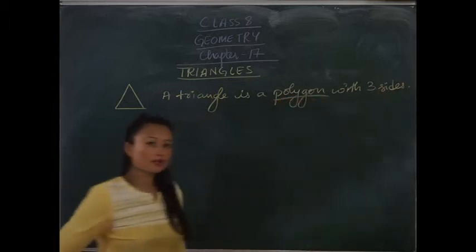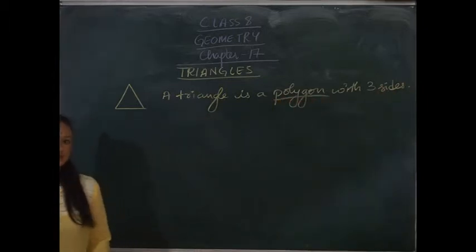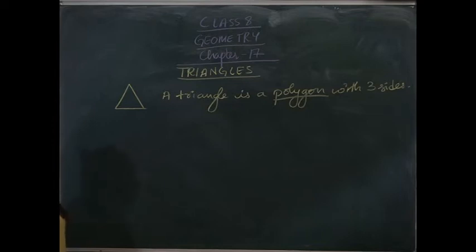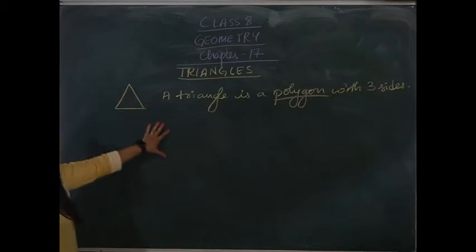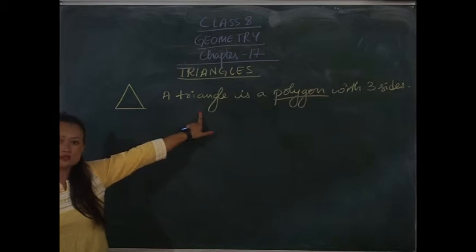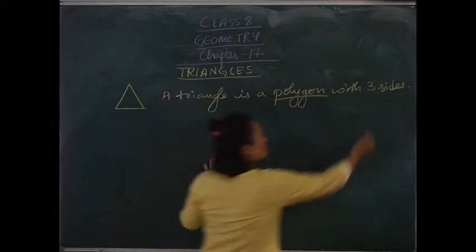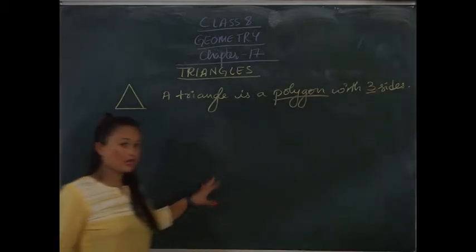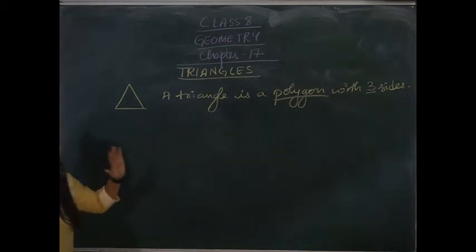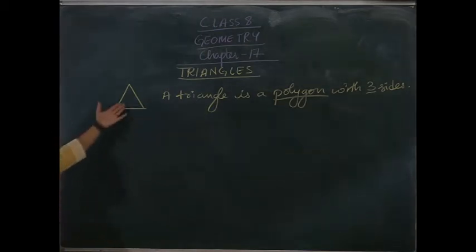And what is a polygon? Any enclosed figure is called a polygon. Okay, any enclosed figure, enclosed means closed figure. So a triangle is a polygon with how many sides? 3 sides. And you knew it much before, isn't it?